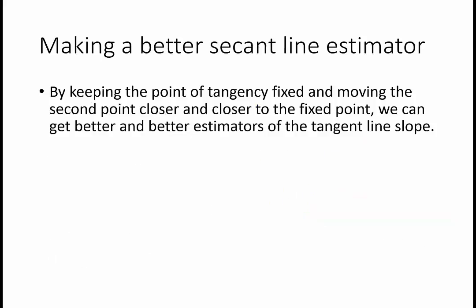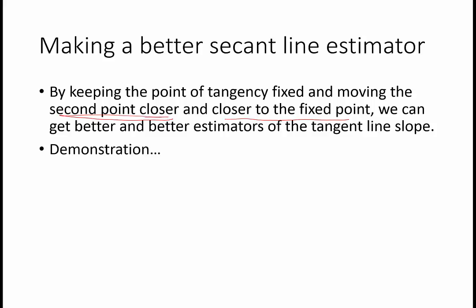Well, what would happen if we still keep our fixed point and we started moving the second point closer and closer to that fixed point? It's my statement that we can get better and better estimators of that tangent line slope.